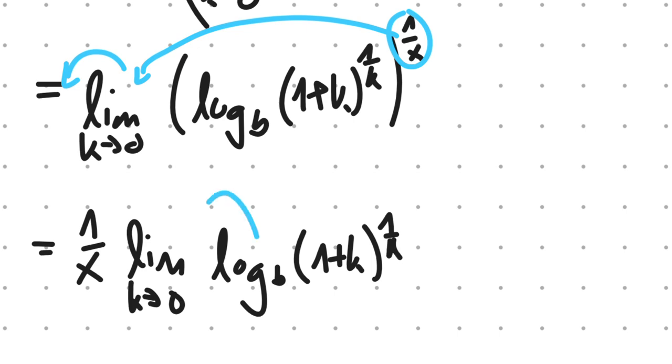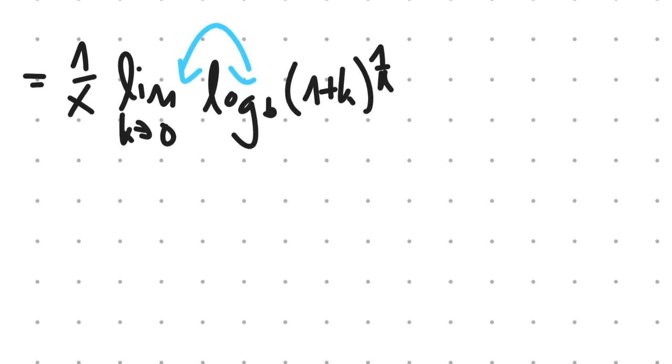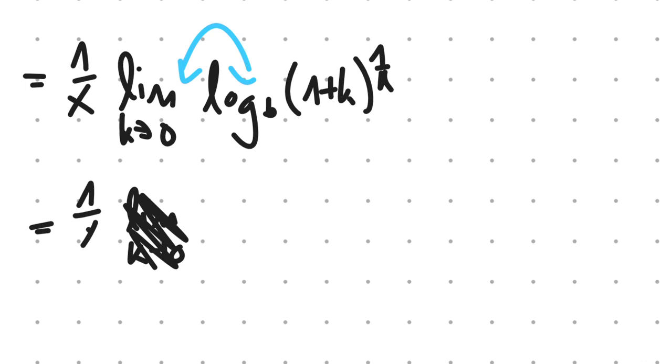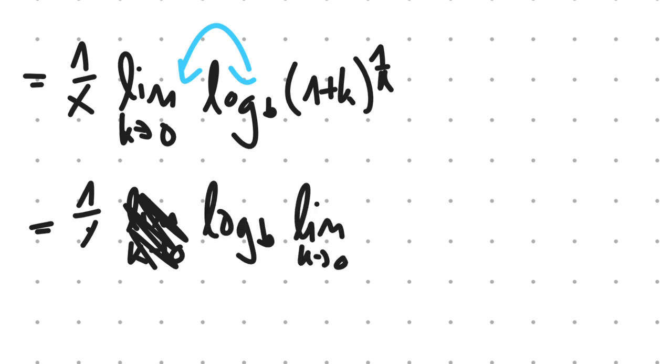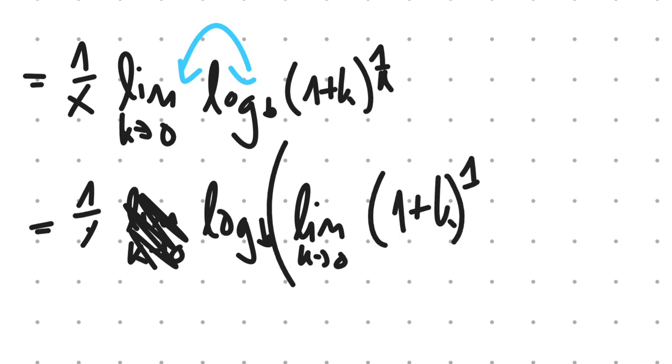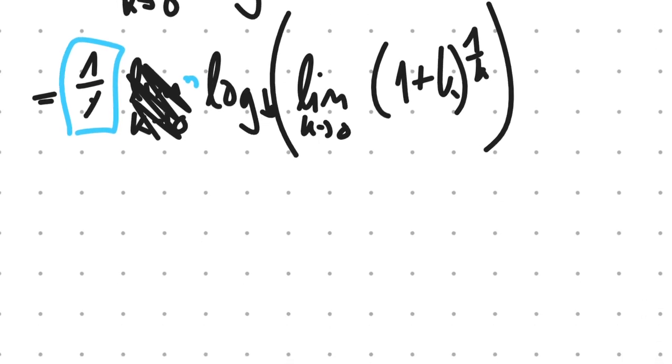And now we can interchange the logarithms and the limits so that we have done that one. So I would get 1 over x times the logarithm of b of the limit as k approaches 0 of 1 plus k to the 1 over k power. Okay, the 1 over x is outside the logarithm, but it's multiplied with it.